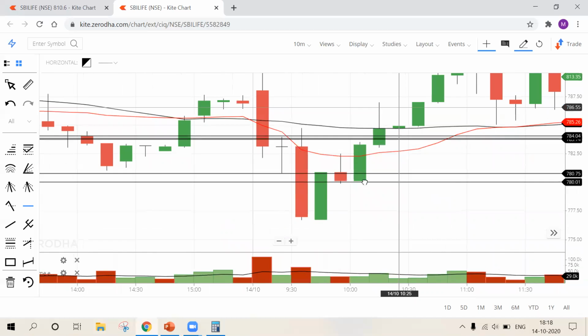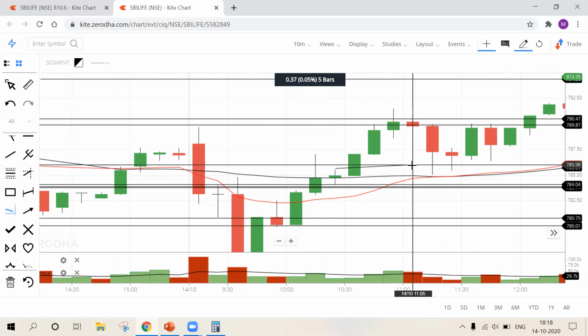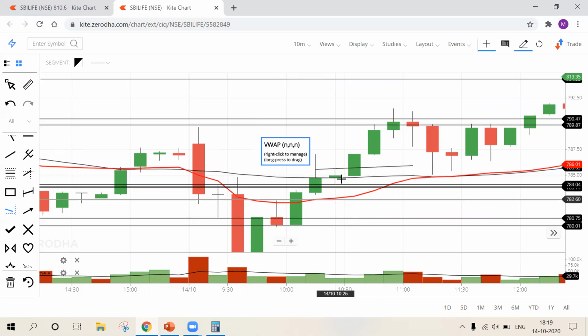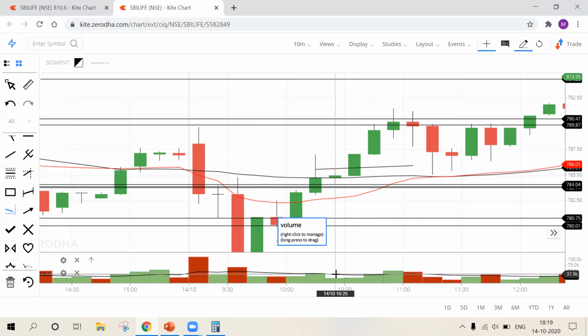Here, this is higher high formation. The first confirmation is the stock got rejected by a key level. Second confirmation is higher high formation. Third confirmation is VWAP. Fourth confirmation is moving average. We got all four confirmations. Look at the fifth confirmation, volumes. Volumes are not very great, so I don't enter there.